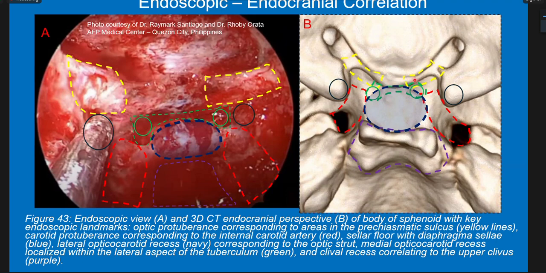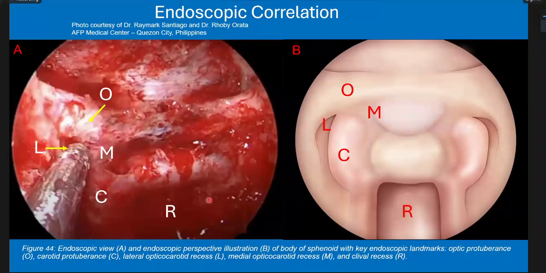So this is the area corresponding to the chiasm and the tuberculum recess. That's a sort of simplified version of that. You have the carotid protuberance. You have the optic protuberance here on this schematic. So optic and then carotid protuberance.